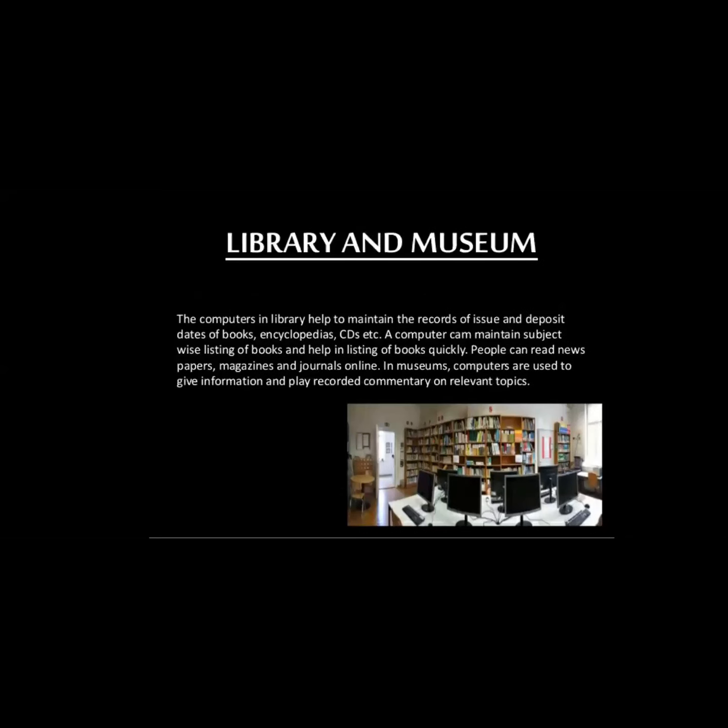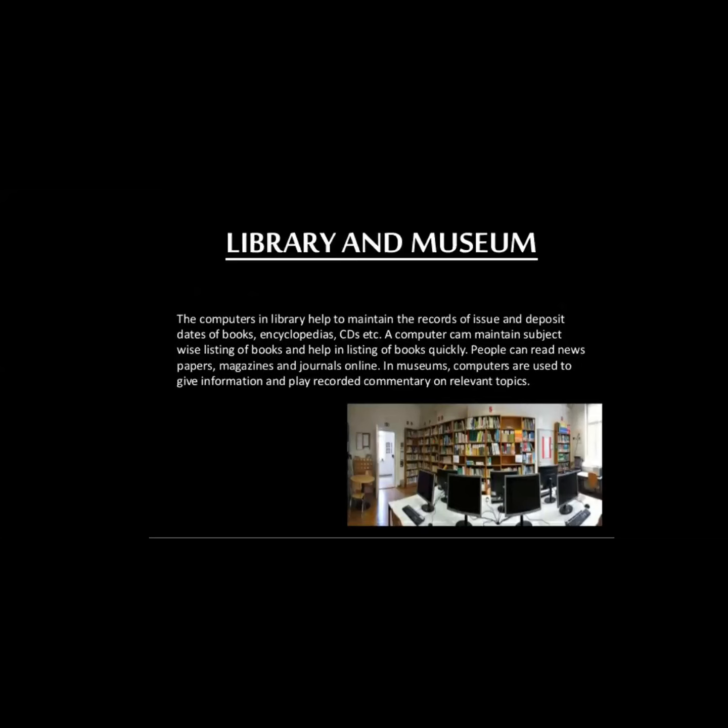Then library and museum, we also use a computer. We use computer in library to make records of books, encyclopedias, CD. A whole CD can contain all the encyclopedias, Encyclopedia Britannica, Encyclopedia Americana, all other encyclopedias. From just a CD, you slot it and you start accessing them.